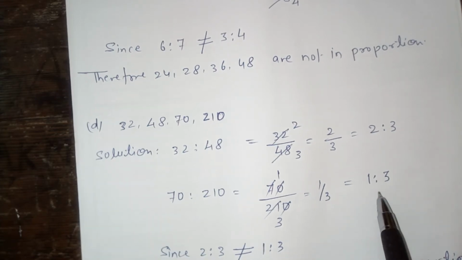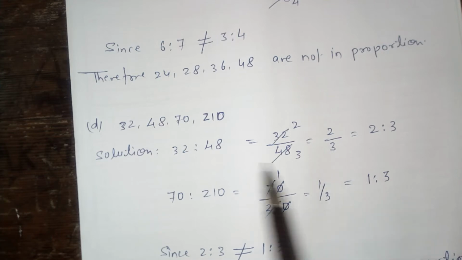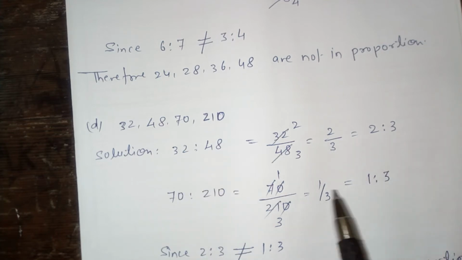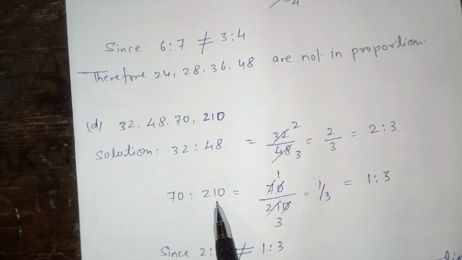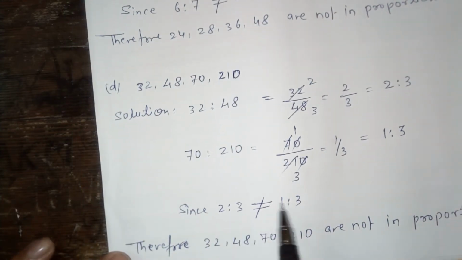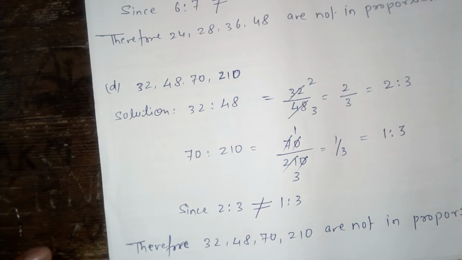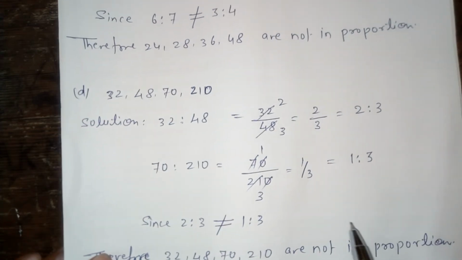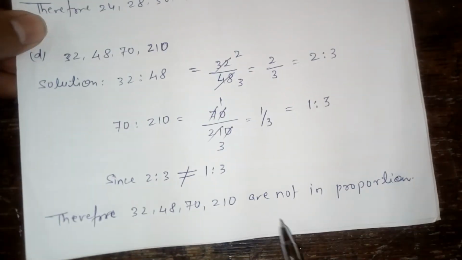My dear student, as you are looking, the ratio of first and second number is 2:3, and the ratio of third and fourth number is 1:3. These two ratios are not equal. Therefore 32, 48, 70, 210 are not in proportion.